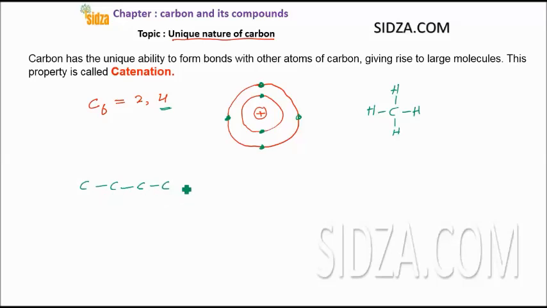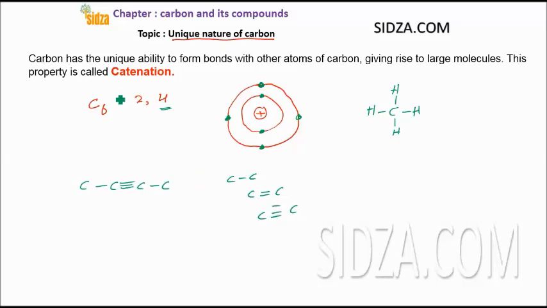These long chain molecules of carbon are very stable, and there can be a carbon-carbon single bond, a carbon-carbon double bond, or even a carbon-carbon triple bond. So carbon atoms can be linked together either by a single bond only, by a double bond, or through a triple bond.